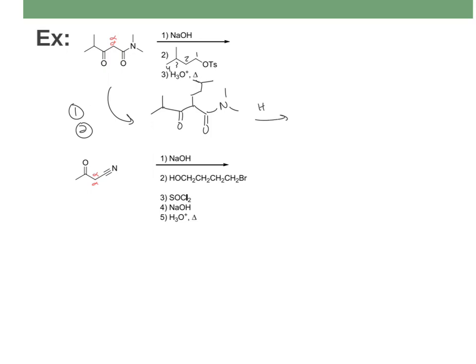And then it looks like I have a hydrolysis for my step 3 with heat. Doesn't change the ketone, but will hydrolyze the amide to give me that piece. And then again, like always, since I have a carboxylic acid and it has a beta carbonyl, that carboxylic acid's going to go away to give me my product.